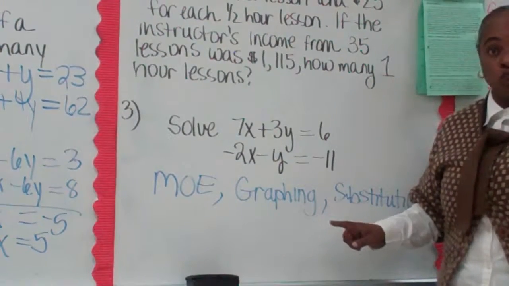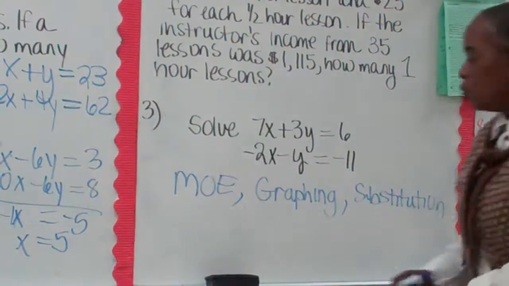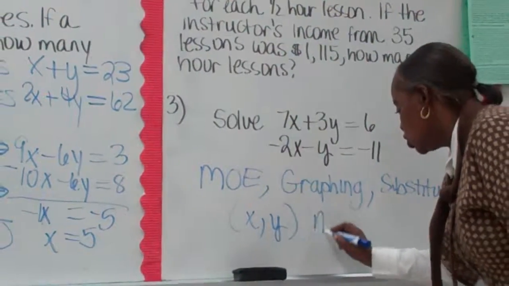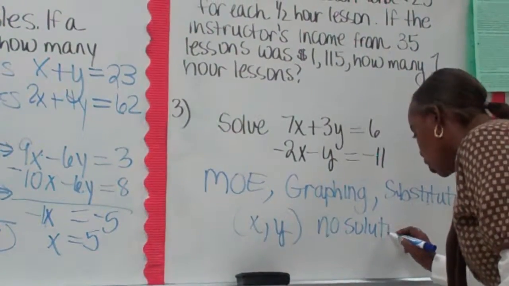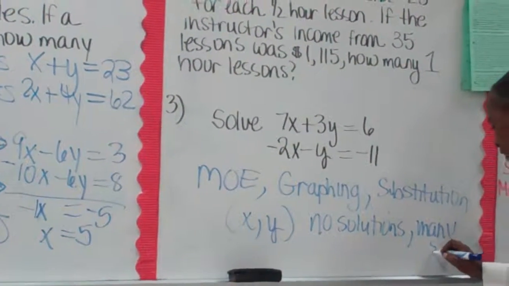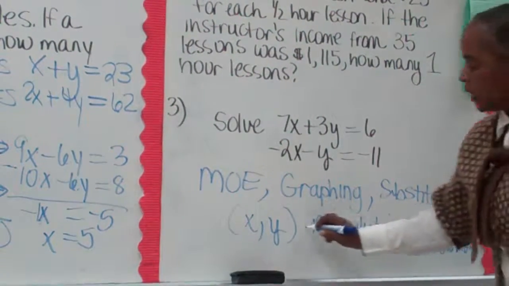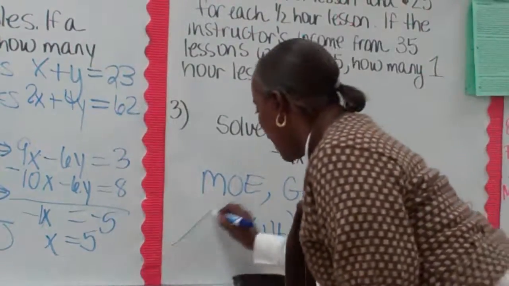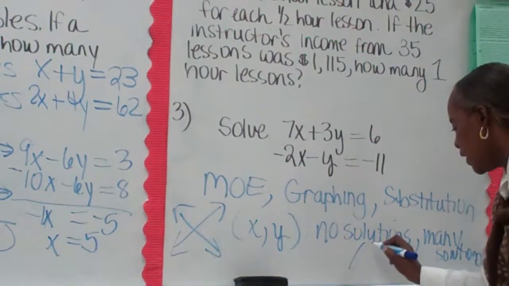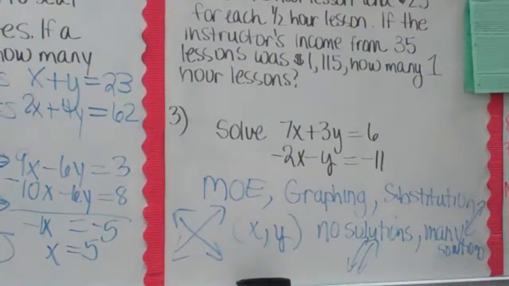And I've already told you that when you're solving a system, you may get one answer, an ordered pair. You may get no solutions. A problem could yield no solutions. Or a problem could yield many solutions. Now, when you graph, you have these two lines crossing; no solution is parallel lines, and many solutions, you end up with one line.